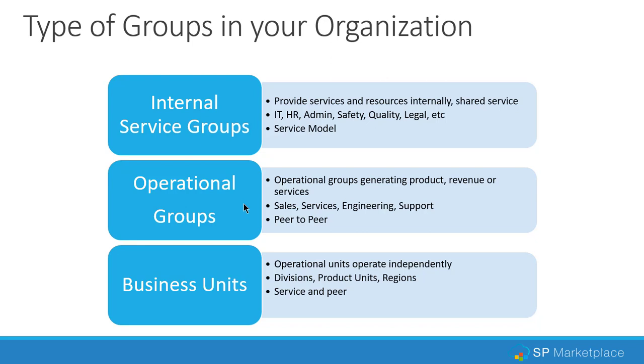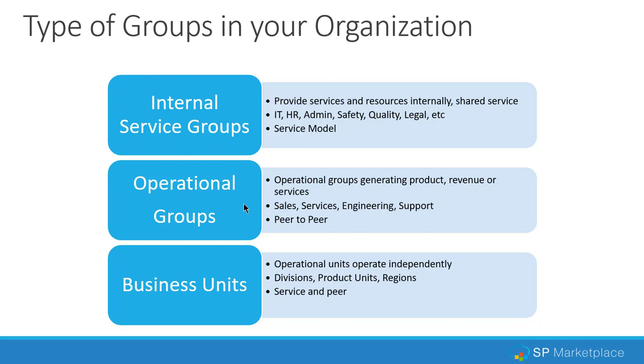And then finally, we've pulled out another area here called business units. Now, you may have these upper groups inside business units, but a lot of times we're now seeing the shared services model where the internal service groups actually go across different business units too. But business units tend to be more tightly knit operational units that may even operate independently.